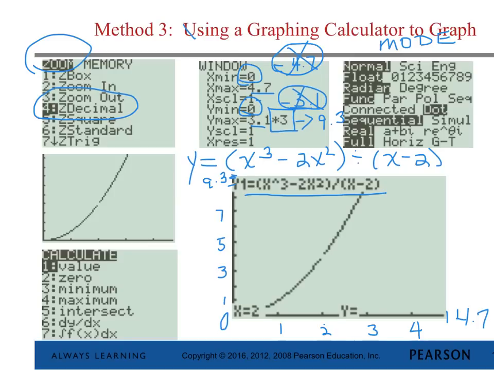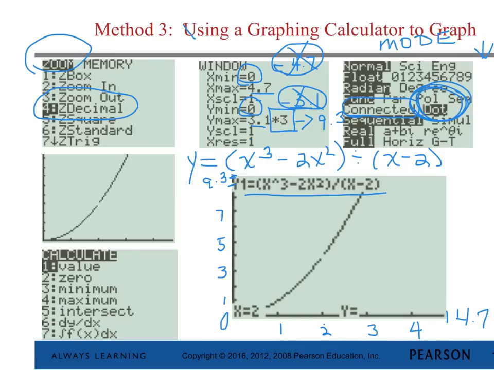On the mode key, I want you to down arrow on that menu and change where it's got connected highlighted to dot. Connected means it'll try to connect up every pixel. Dot means that it will only plot individual pixels on your screen, which means if there's a gap, it'll show it to you. And then I want you to hit graph.